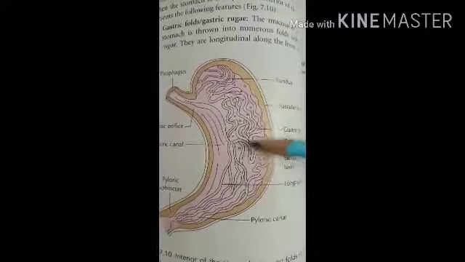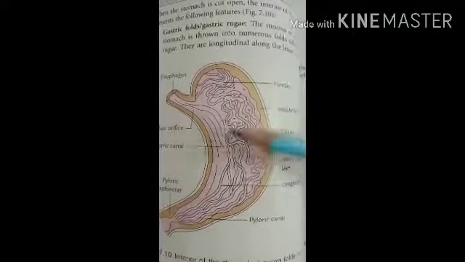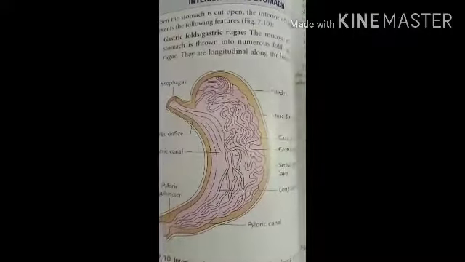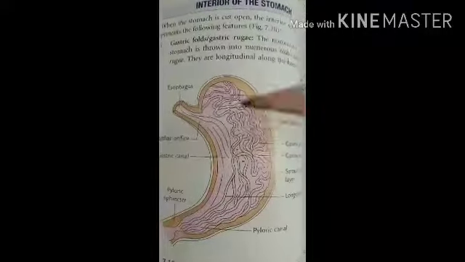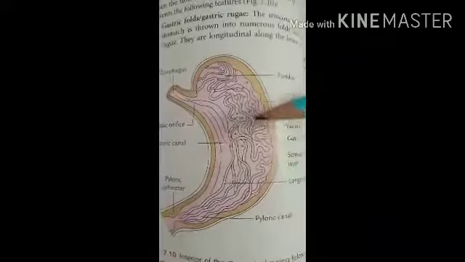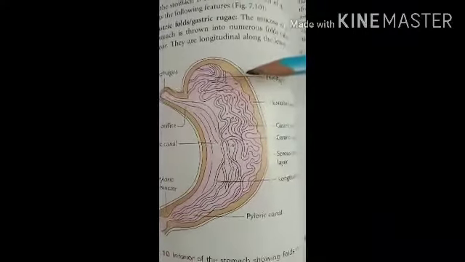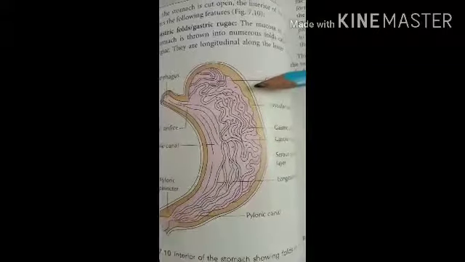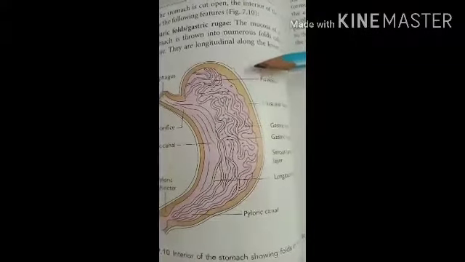When the stomach is full of food, the stomach is dilated and the folds disappear. Then the second feature: there are some small depressions on the mucosal surface. These are the openings of the gastric glands.